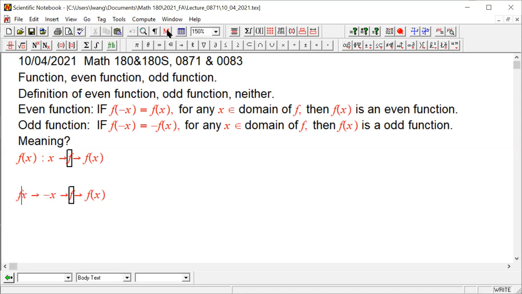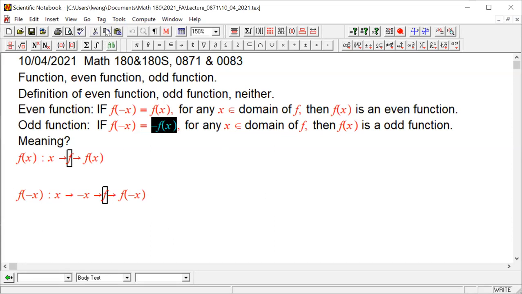So you choose your input, x, right? And then you take the opposite of the selected input. And then the opposite of the input is going to be applied to the rule. So the rule of the function applies to the opposite of the input. So that's the meaning.